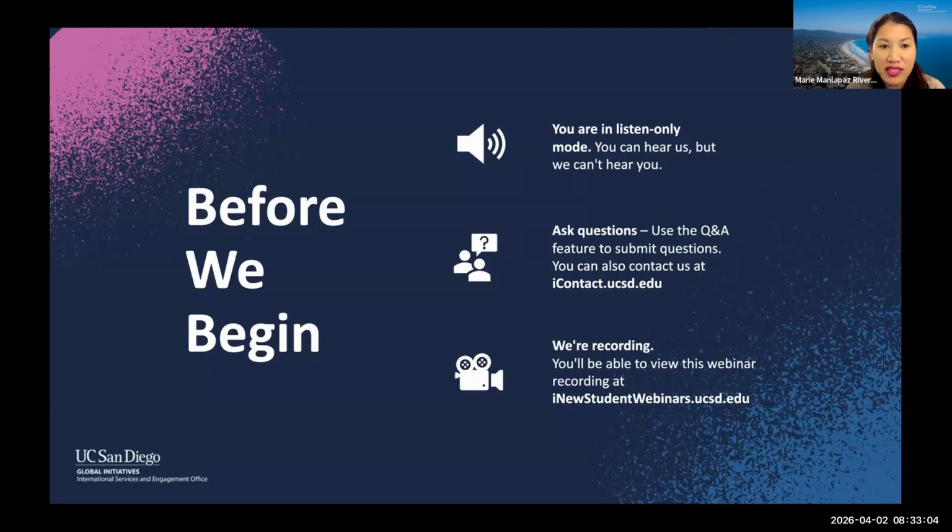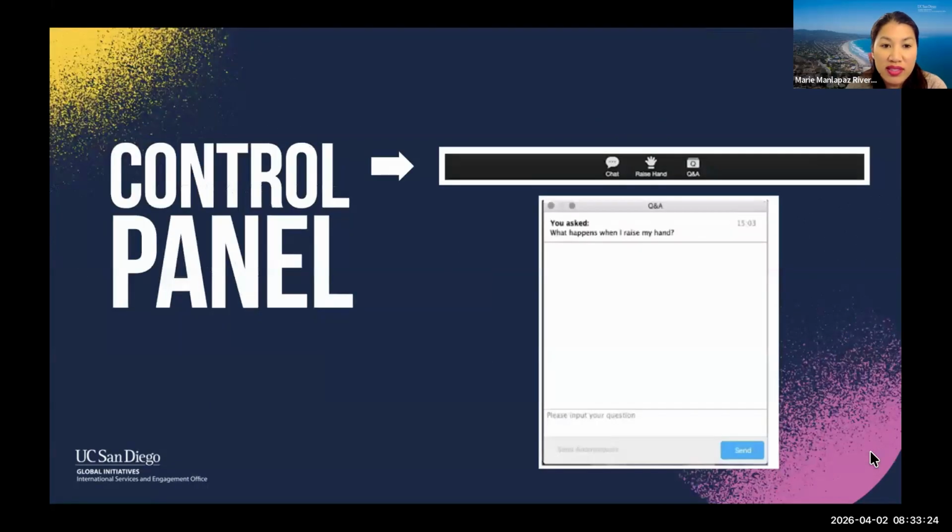Before we begin, just a bit of logistics. Note that you are in listen-only mode and you can hear us, but we cannot hear you. You're able to ask questions using the Q&A feature, and you can also contact us at icontact@ucsd.edu. We'll be recording this webinar, and you'll be able to review the webinars at inewstudentwebinars.ucsd.edu, so you can always reference them.